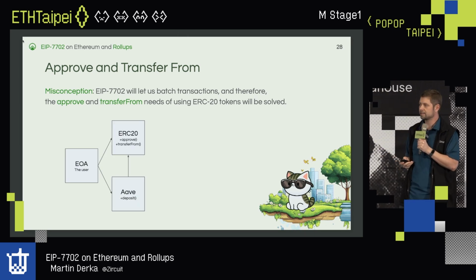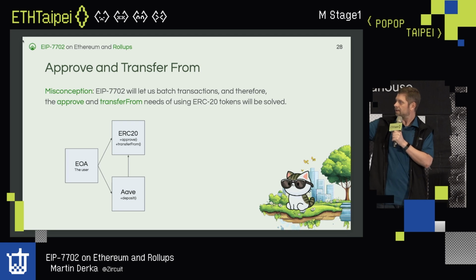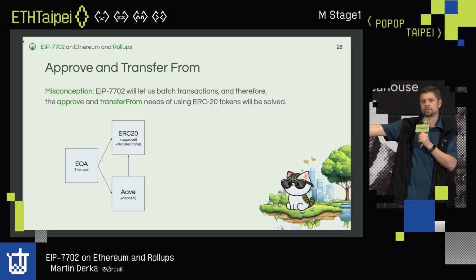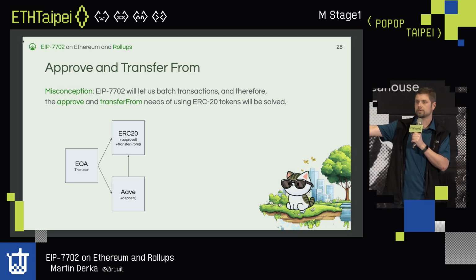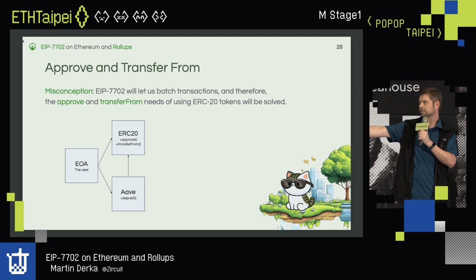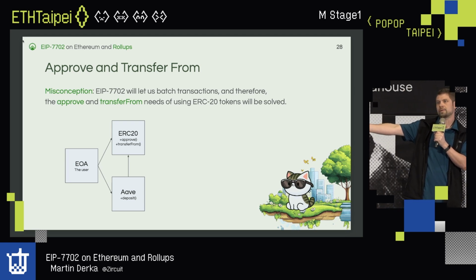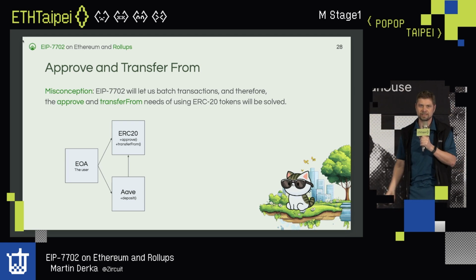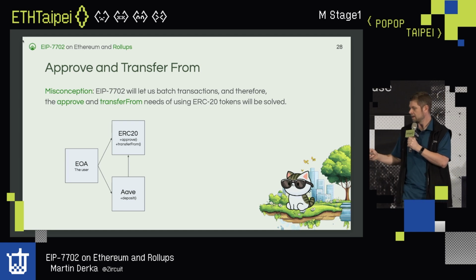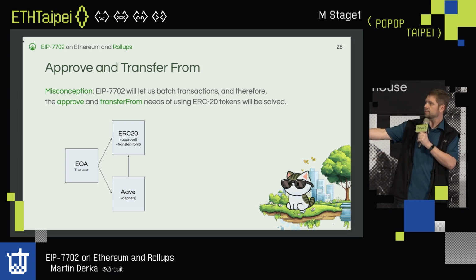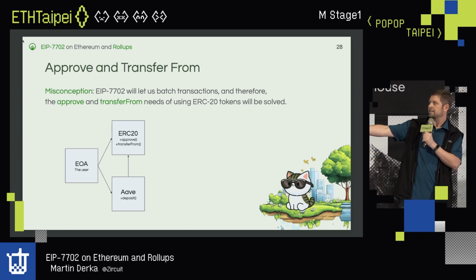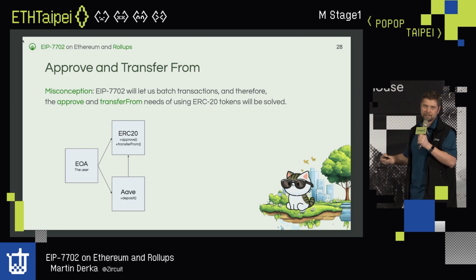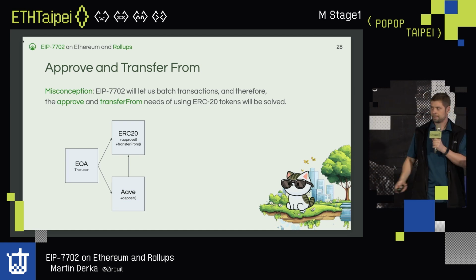When you are using ERC20 tokens, you are somewhere here, you are the user, right? You are actually issuing 2 transactions to 2 separate smart contracts. If here is your ERC20, imagine USDC or USDT. The first transaction that you're doing is this arrow. And there you're calling approve and giving somebody the permission to spend your money.